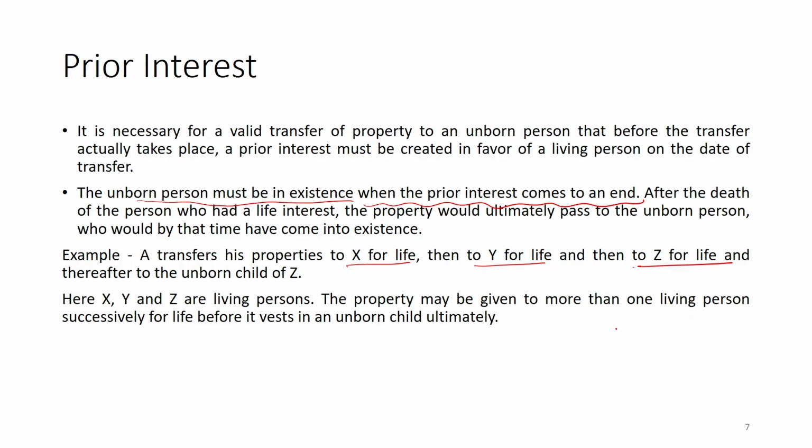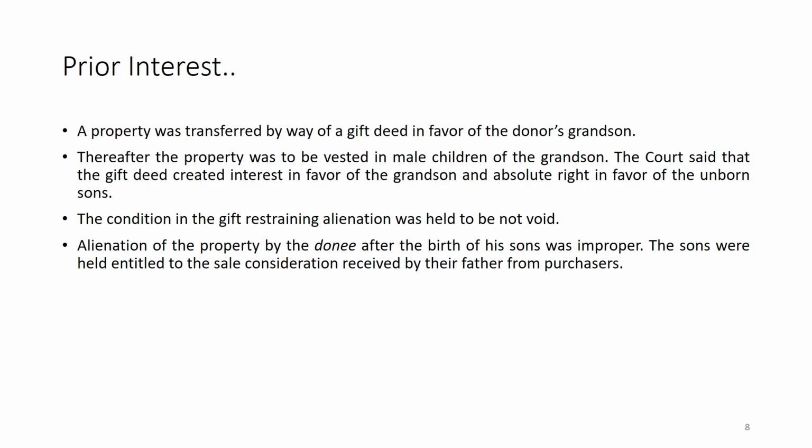Here X, Y, Z are living persons. The property may be given to more than one living person successively for life before it vests in an unborn child ultimately. So, these are the prior interest portion.